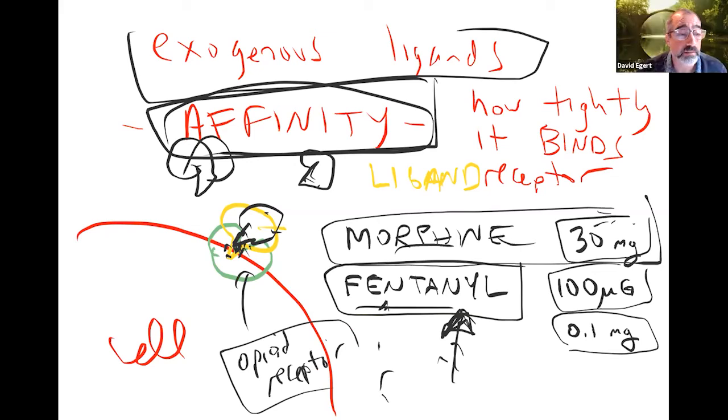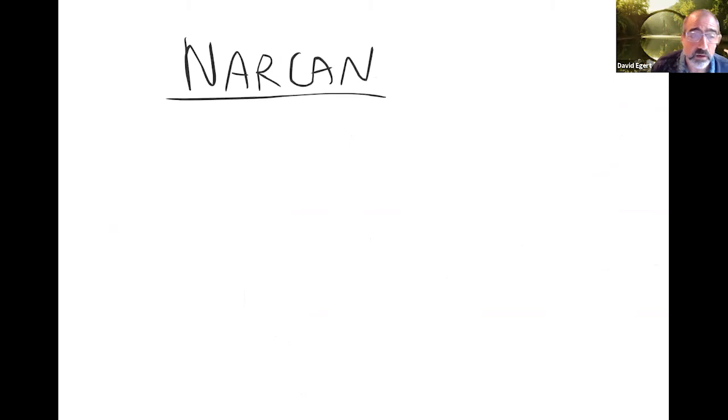Narcan is a nice poster child for a lot of these things we're talking about. And everybody, if you don't know what Narcan is, you should know, because it's a really easy way to save people's lives if they're overdosed. It's naloxone is its official name, but it is a very high affinity opioid antagonist.